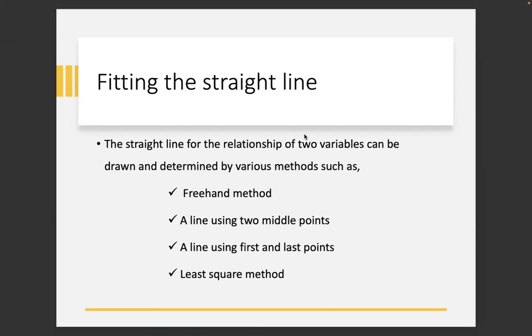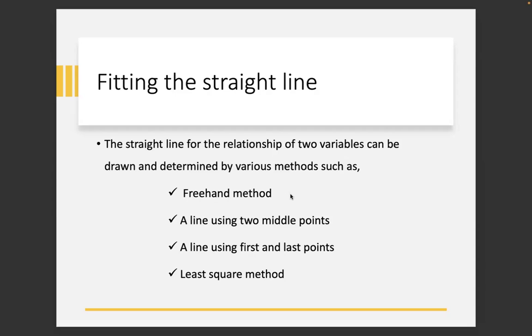Okay, now for fitting the straight line for the relationship of two variables, it can be drawn and determined by various methods. What are those various methods? The first one is the freehand method.